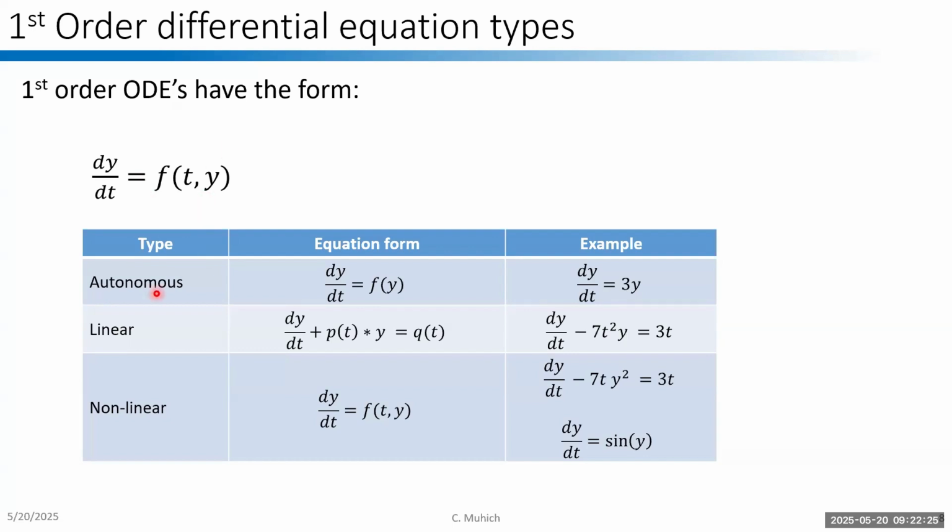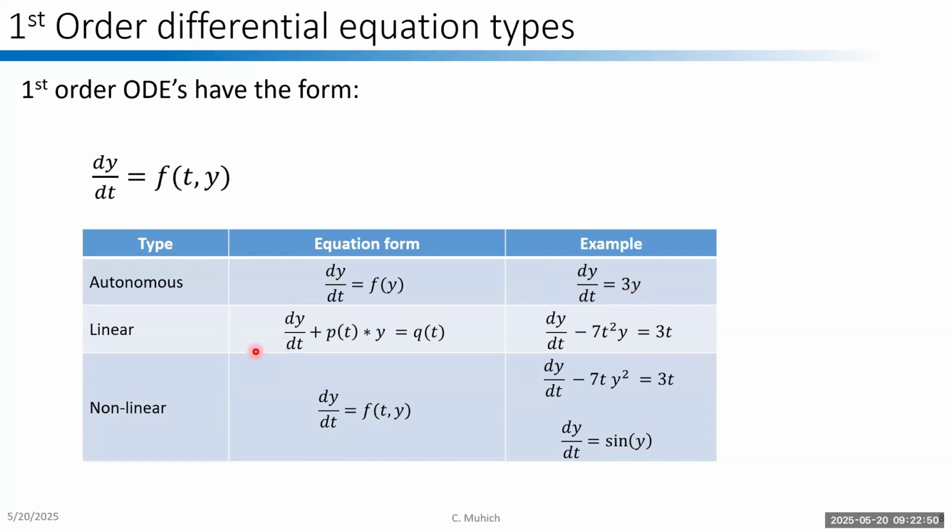The easiest one to solve would be something called an autonomous equation. This is where my f form only depends on y or t, right? So dy/dt is a function of just y, or dy/dt is just a function of t. For example, dy/dt equals 3y.